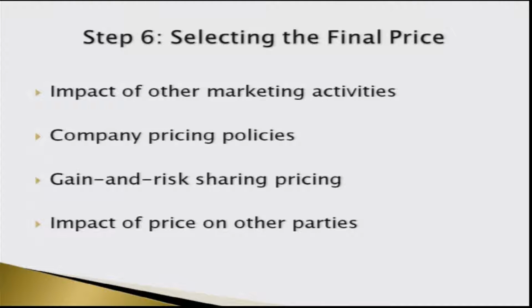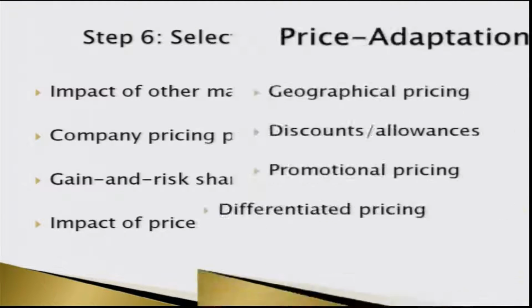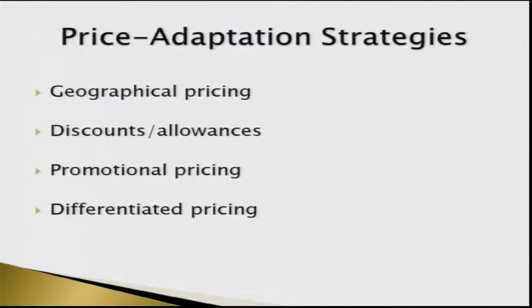These are some of the important things which need to be considered before finally setting the prices, and I will talk about some of these things in the next few slides.